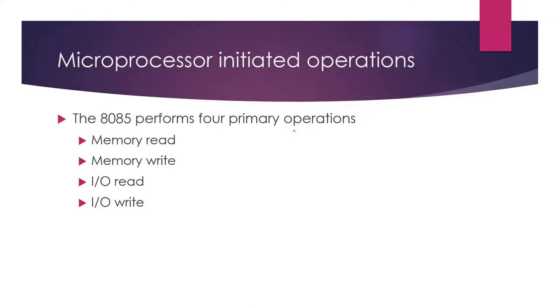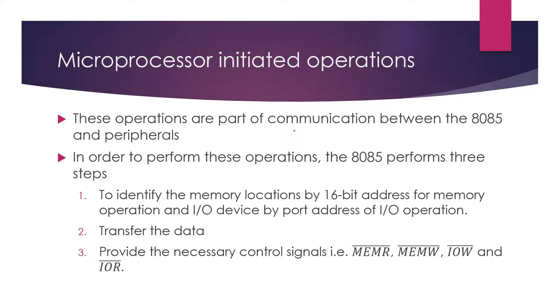The 8085 performs four primary operations: memory read, memory write, input output read, and input output write. These are the four primary operations performed by the 8085 microprocessor. These operations are part of communication between the 8085 and peripherals. What are these peripherals?